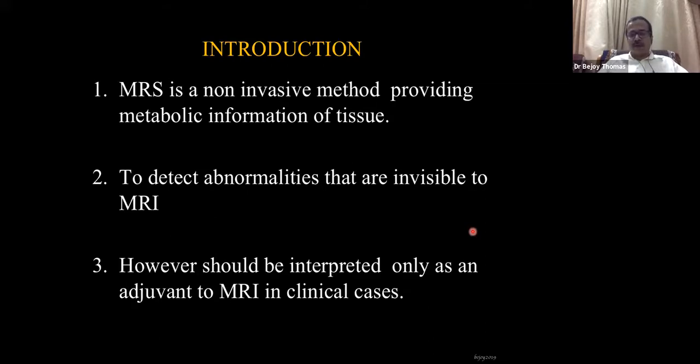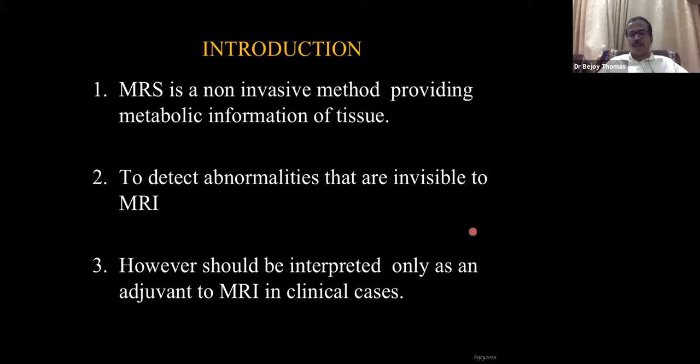When we really want to get a good spectrum, we will not get a good spectrum, and most of the time, most people think that it is giving only redundant information. But it is not true. If you use it in the correct method and the correct use, spectroscopy is a very useful technique, and MRS is a non-invasive method providing metabolic information of the tissue, which is not available with MR. Even before an MR abnormality comes, you can see the metabolic abnormality in spectroscopy.